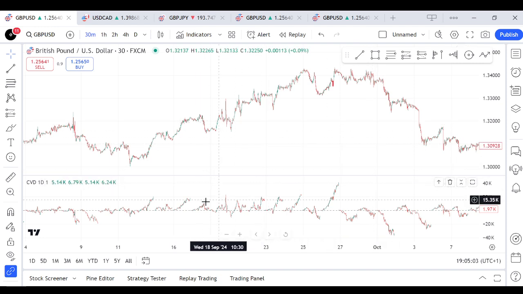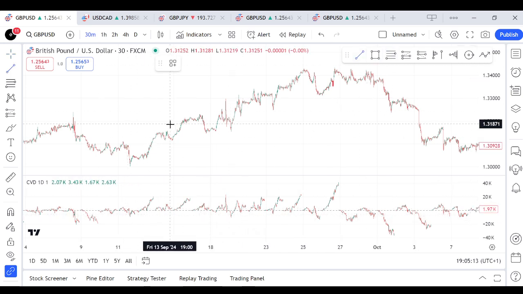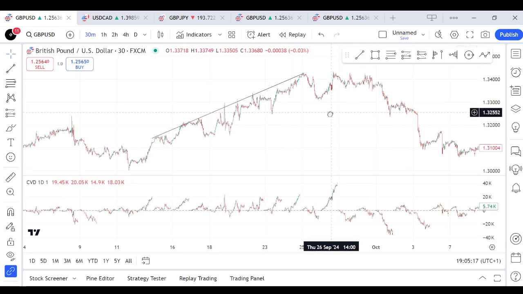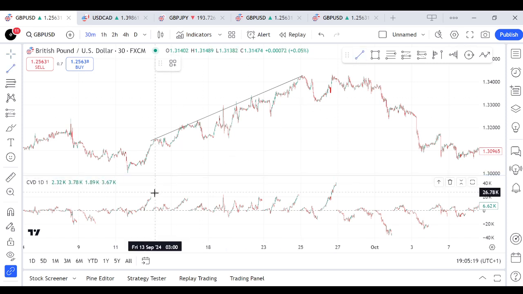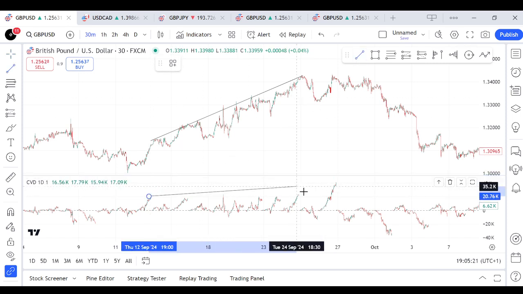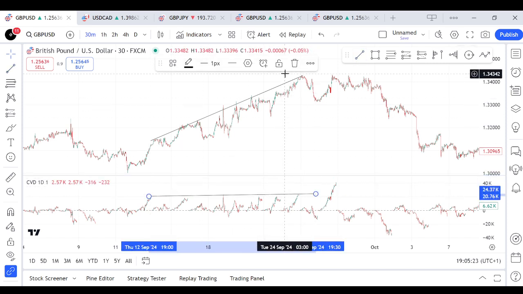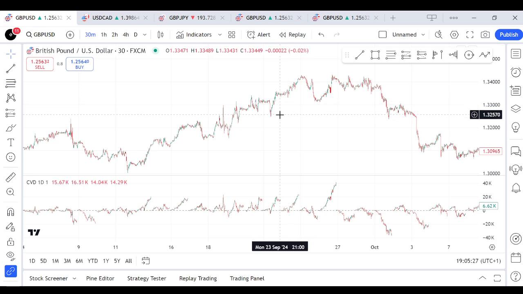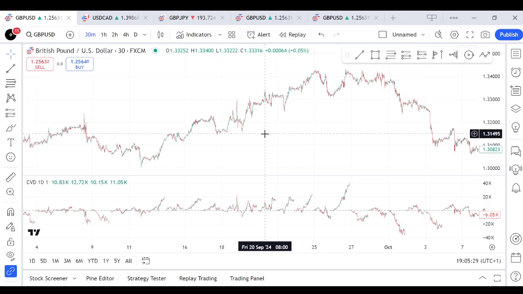And you can see the CVD was able to give us the signals. You can see higher buying volume than selling pressure, and this means that we should be looking for buying opportunities and not selling, because there's more buying pressure in the market than selling pressure. So it's always wise to trade with the big money and the big volume players in the market.